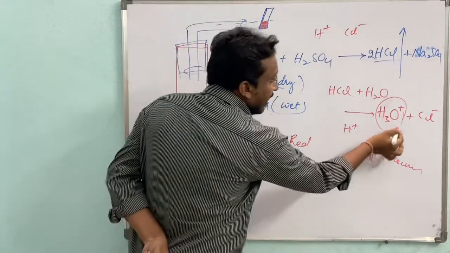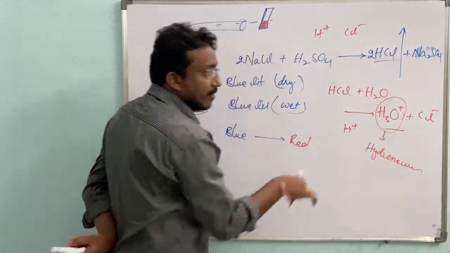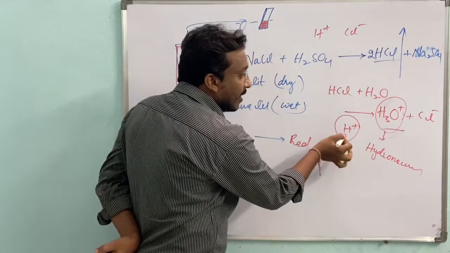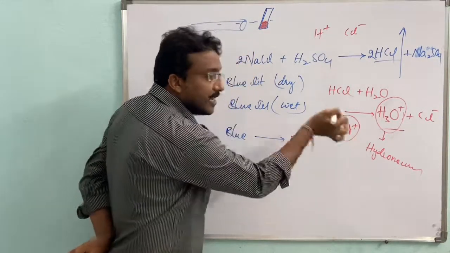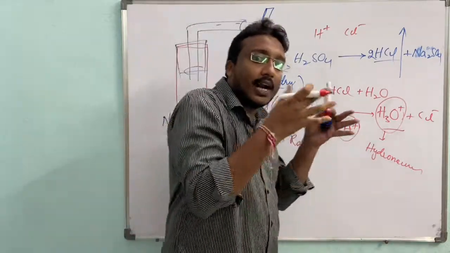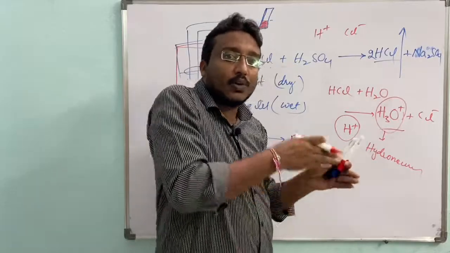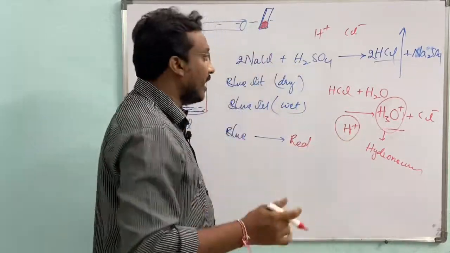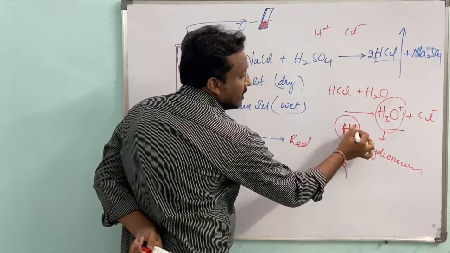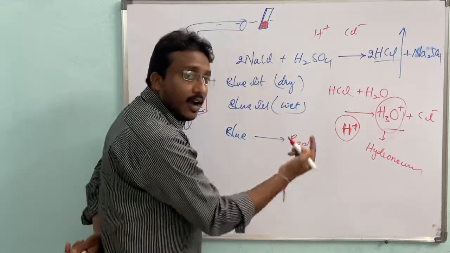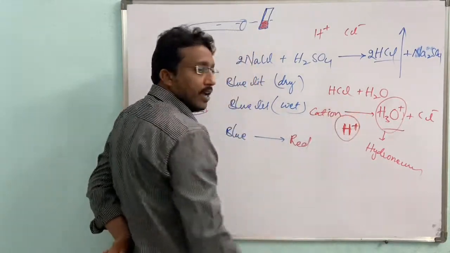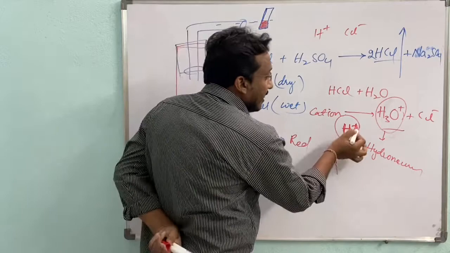Why do we get hydronium? The H plus ion has a deficiency of electrons. A neutral atom becomes positive when it loses electrons. Because of the deficiency of electrons, hydrogen becomes a hydrogen ion. This is called a cation.